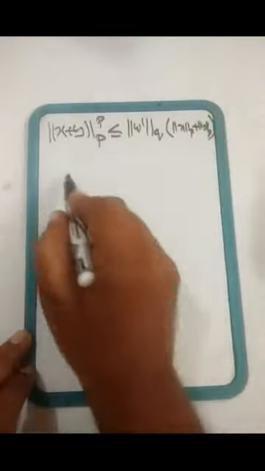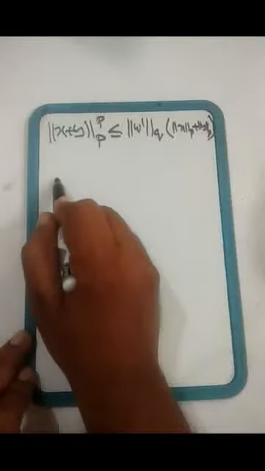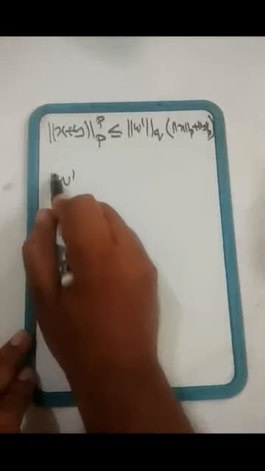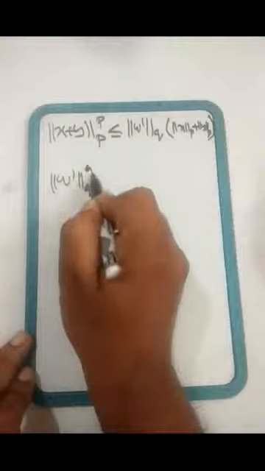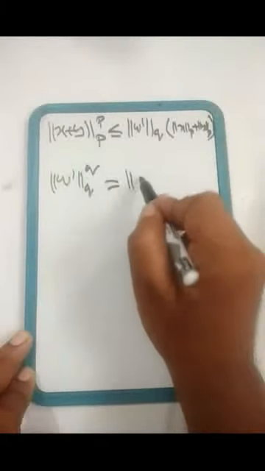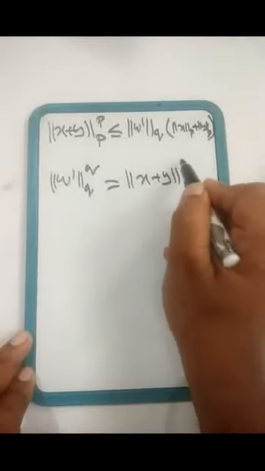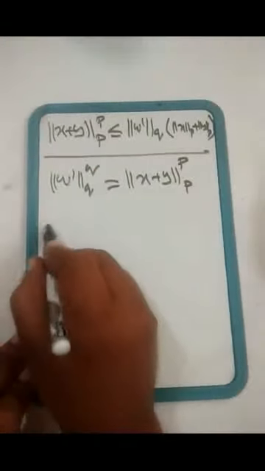Okay. Now we have this fact that the W dash norm, the qth norm of this, is the same thing as the norm of X plus Y to the p by q. If you look at this thing, let's do a simplification.